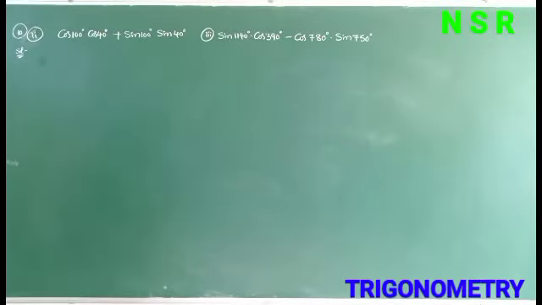So next, in question 10, second bit and third bit. Here cos 100 cos 40 plus sin 100 into sin 40. It is very simple. Apply the cos(A minus B) formula.